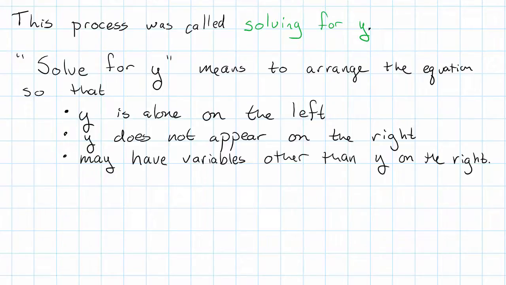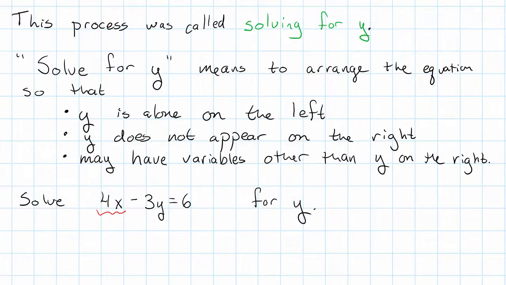Just to see another example of this process, let's say we have the equation 4x minus 3y equals 6, and we want to solve this equation for y. Right, so just as if this were an equation in one variable y, we look at this and say, what's keeping y from being alone?